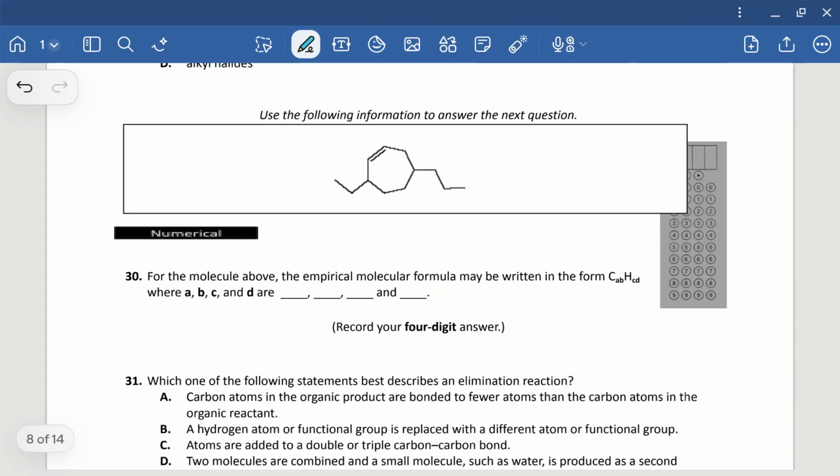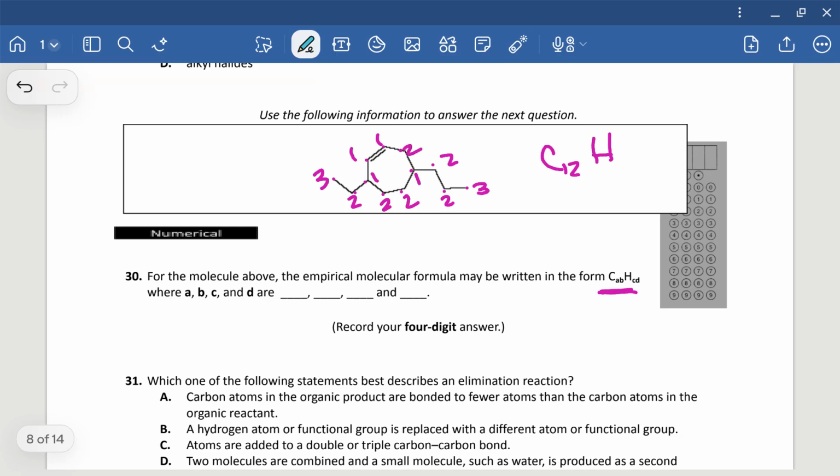Okay, moving on to number 30, for the molecule above, the empirical formula, so being able to see what we have, is going to be. So in terms of carbons, you have a carbon 1, 2, 3, 4, 5, 6, 7, 8, 9, 10, 11, 12. You have 12 of them. And then in terms of hydrogens, if you counted how many hydrogens you have at each point, so we have 3, 2, 2, 1, 2, 2, 1, 2, 3, 1, 1, and 2.